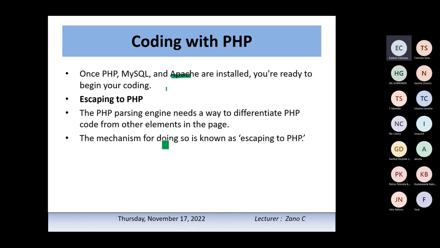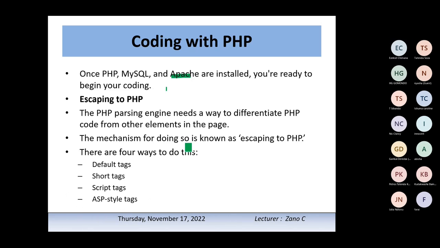Okay, so the mechanism for doing so is known as escaping to PHP. There are 4 ways to actually escape into PHP. You can know them all, or just know the one that you want to use.